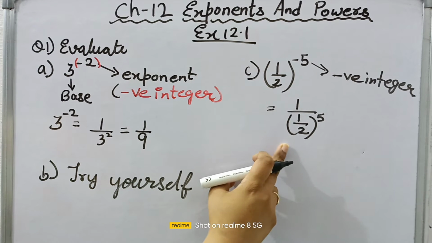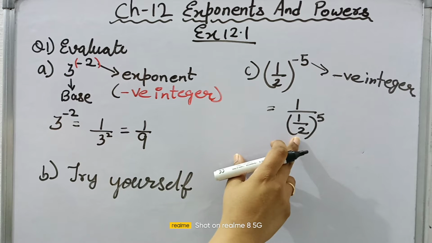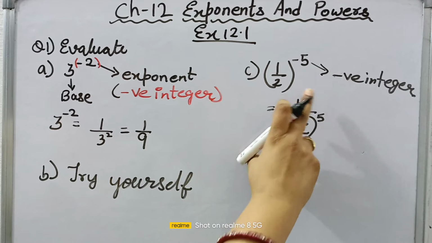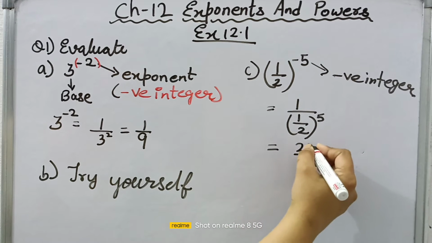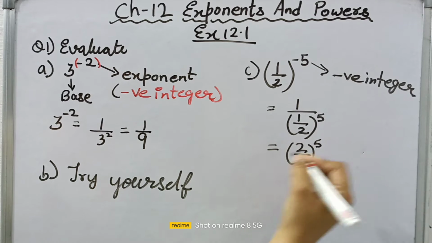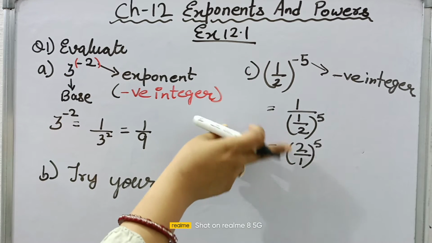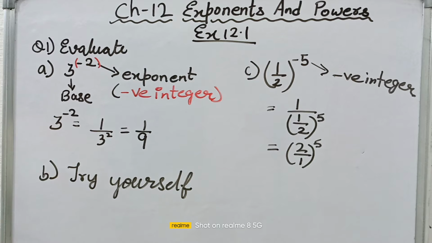Now we can see there is a fraction in denominator. So we can write in reverse, or this 2 can be written in numerator. By inverting numerator and denominator, we just inverted our negative sign.